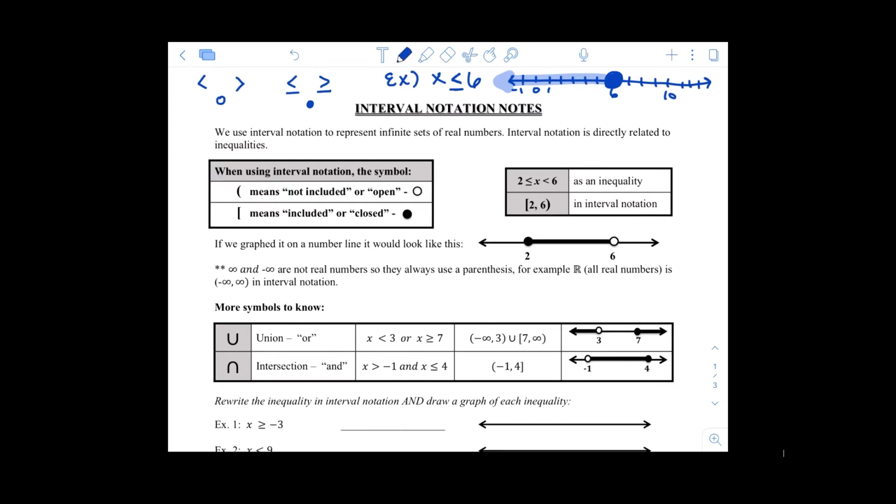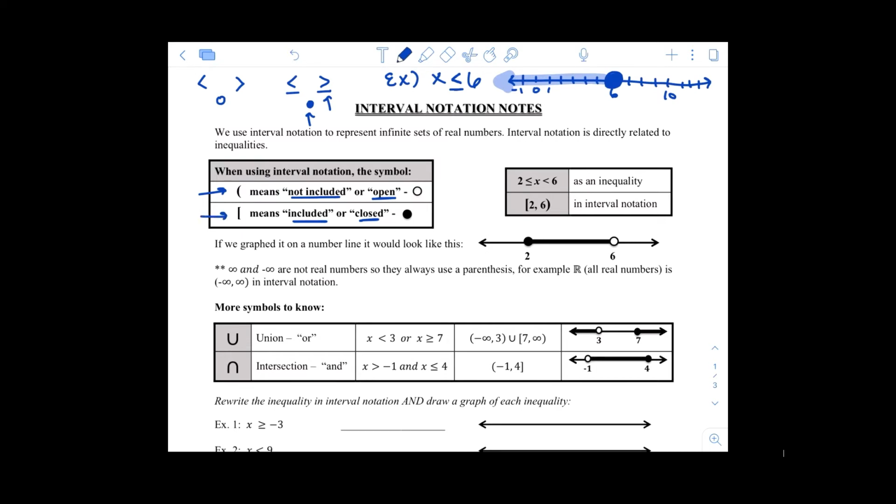An open circle on a graph or number line means not included, and it gets a parentheses. So instead of an open circle, we just use a parentheses. A closed circle, which means we're going to include that value, like the solid circle or the solid line, is the equal to portion, and it's going to get a bracket.